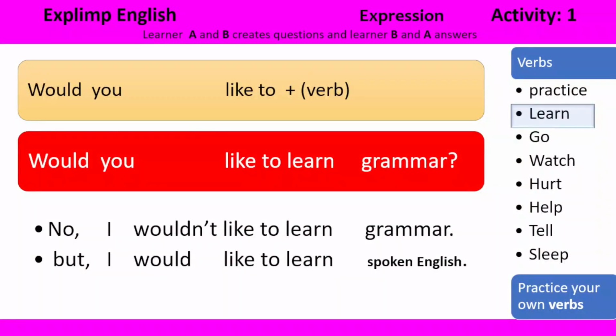No, I wouldn't like to learn grammar, but I would like to learn spoken English. If you are not interested in learning grammar, and if you just want to enhance your fluency, you just want to speak up, so definitely you wouldn't like to learn grammar, rather you would like to learn spoken English or to practice your spoken English. Okay, here again you can see the verb is added and it is learn.